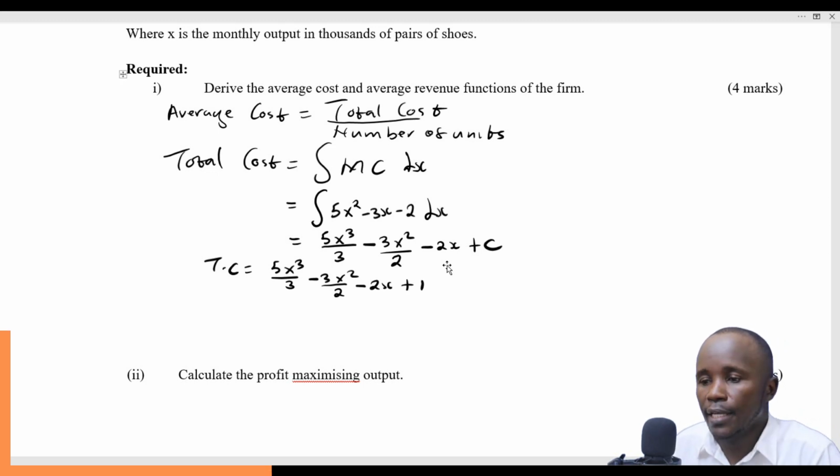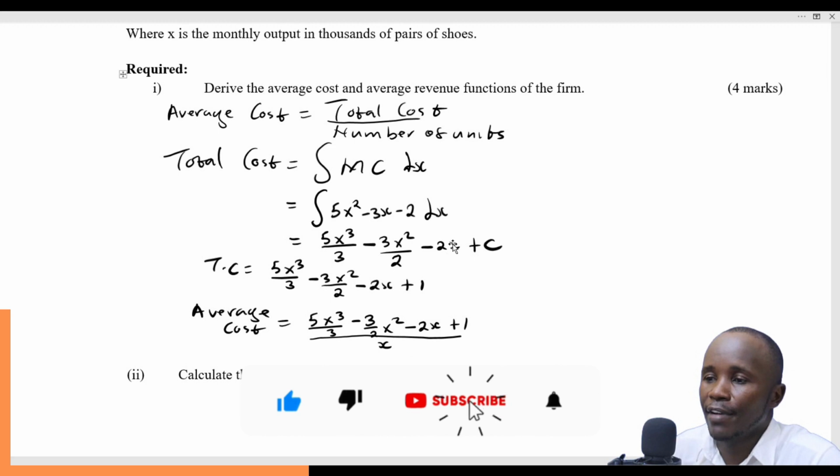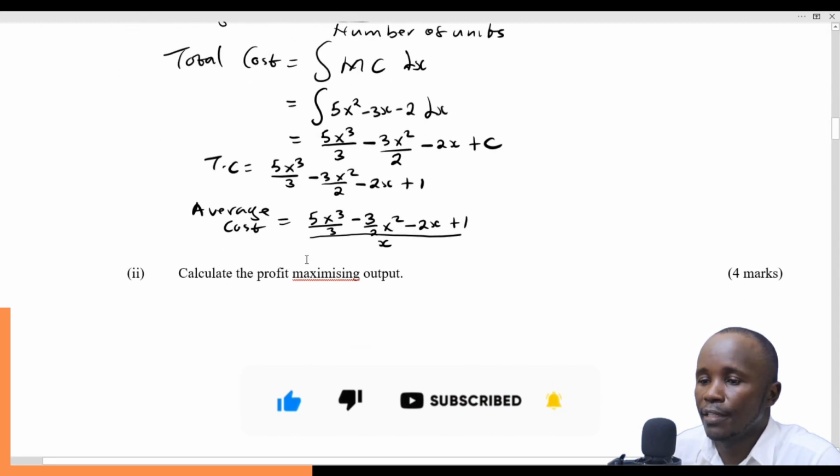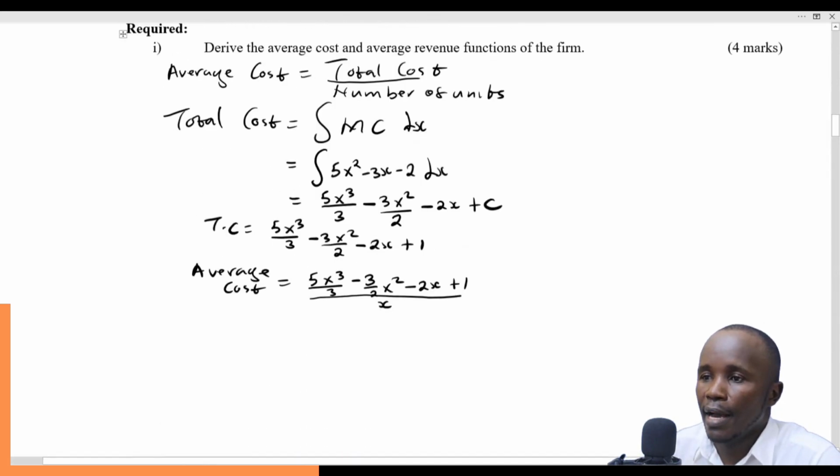How do we get the average cost? Average cost will be 5x cubed divided by 3 minus 3 over 2 x squared minus 2x plus 1, everything divided by x, because we have said that to find the average cost, you divide the total cost by the number of units.